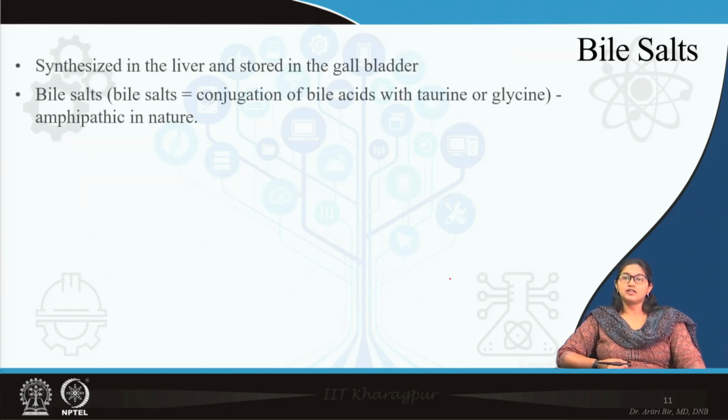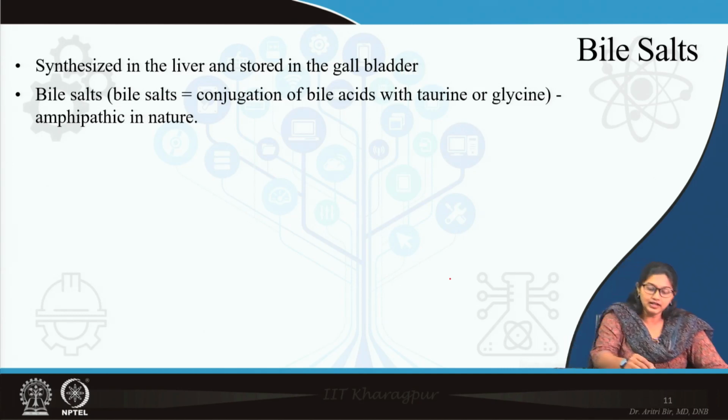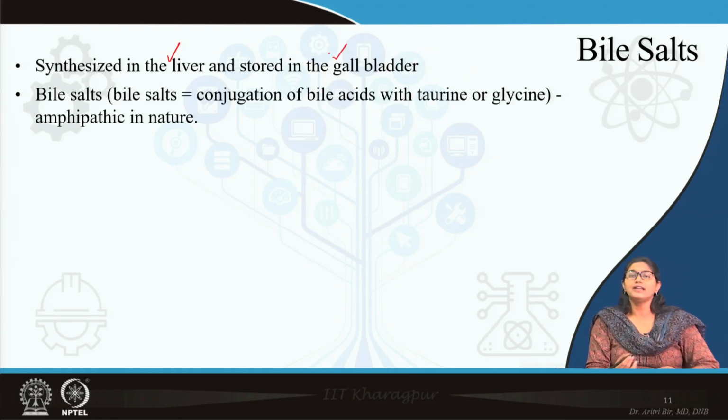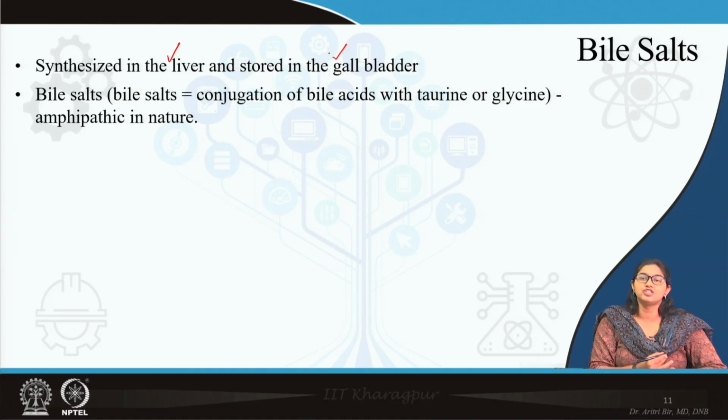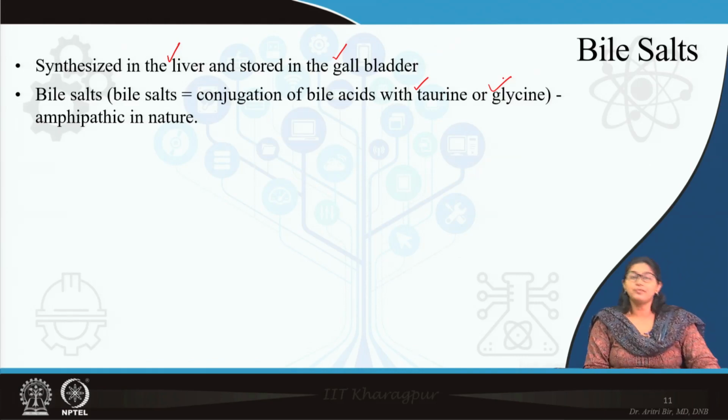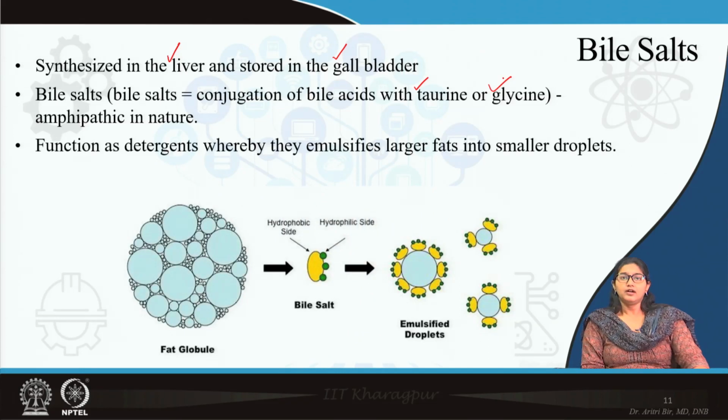Now, bile salts are cholesterol derivatives which are synthesized in the liver but stored in the gallbladder. Now, why are they salts? These are basically conjugated products of taurine or glycine with the bile acid, and they are amphipathic in nature. Now, how do these bile salts function?